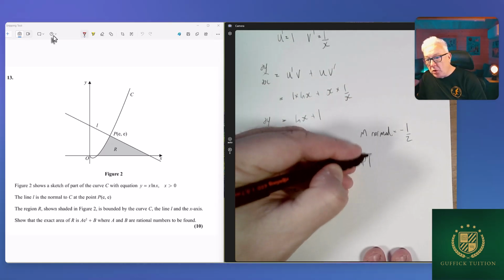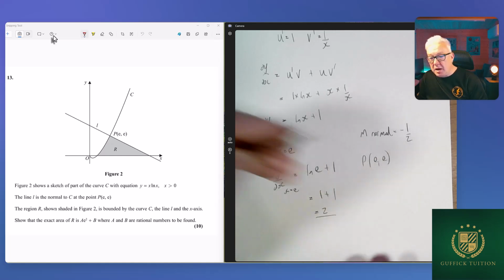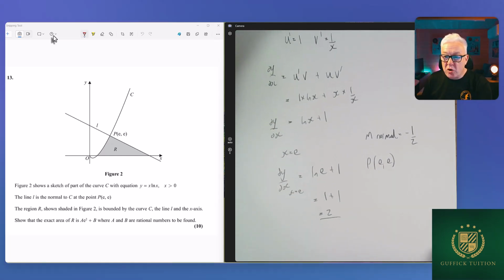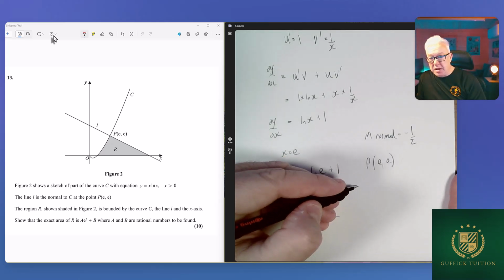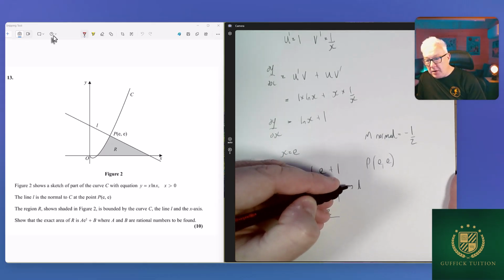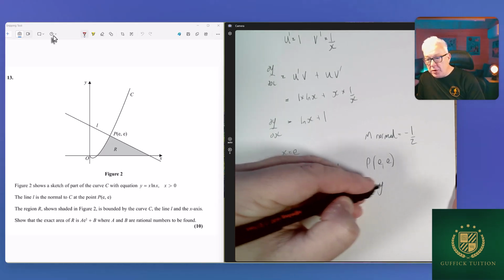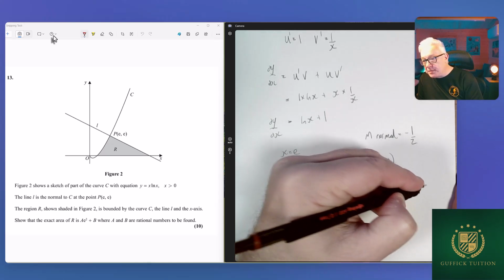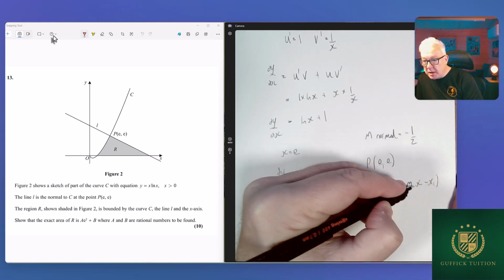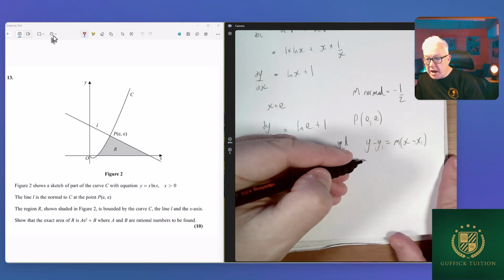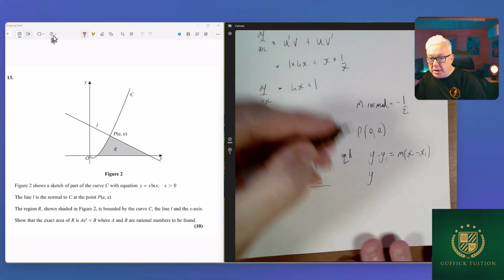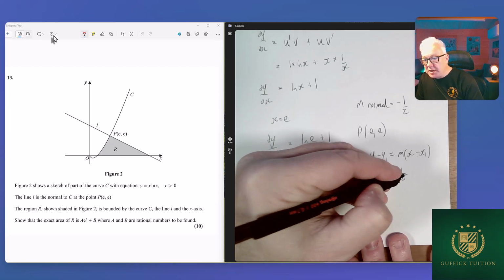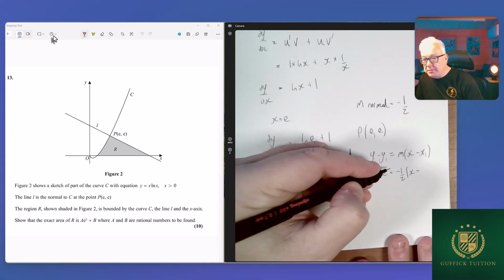Now we've got the coordinates of the point P, they are (e, e). So that means we can find an equation of the line L. We'll use y minus y1 equals m times x minus x1. So we have y minus e equals minus a half times x minus e.